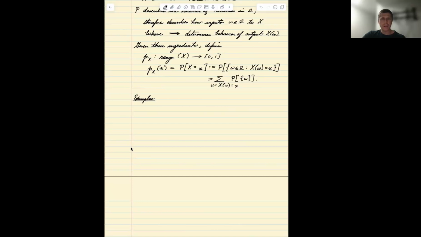So let's start with dice. In this case, we consider the sample space Omega to be the outcomes of the roll of a six-sided die.